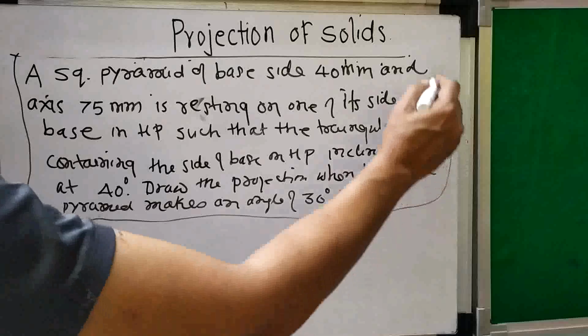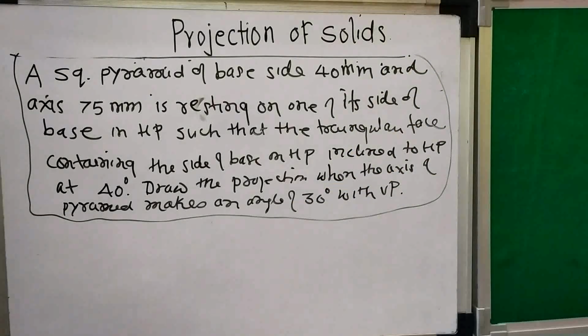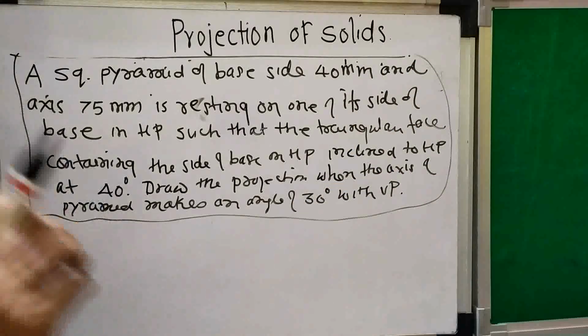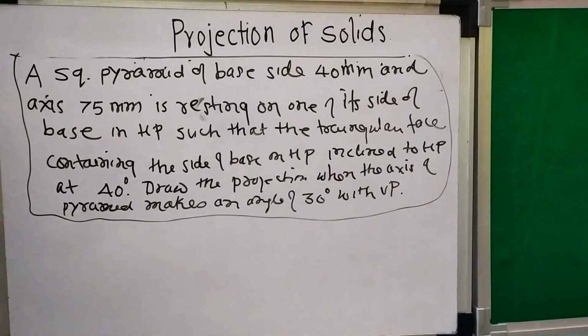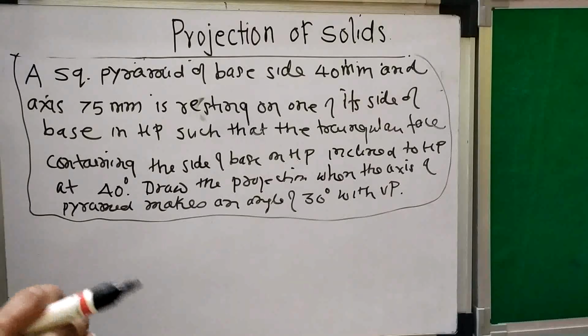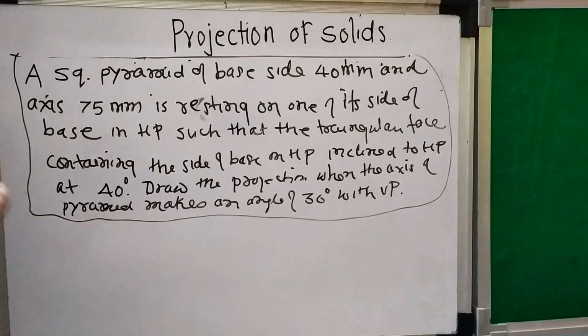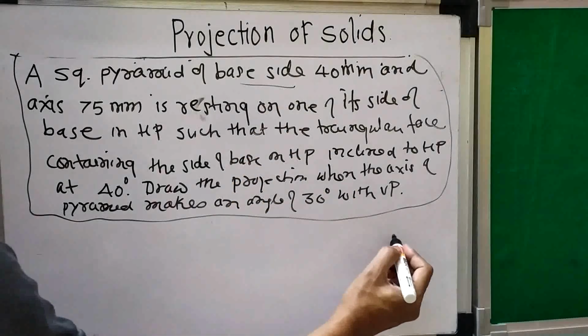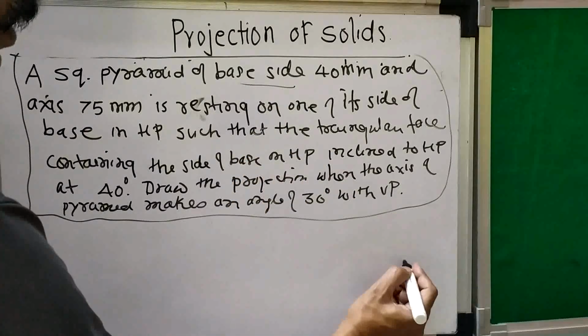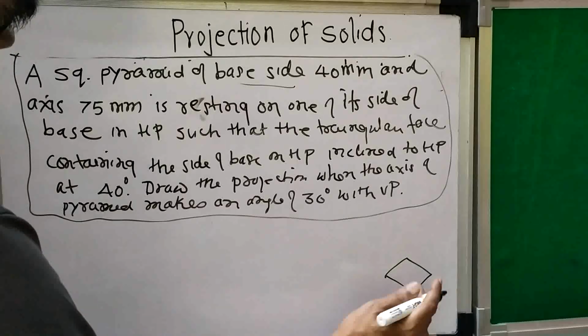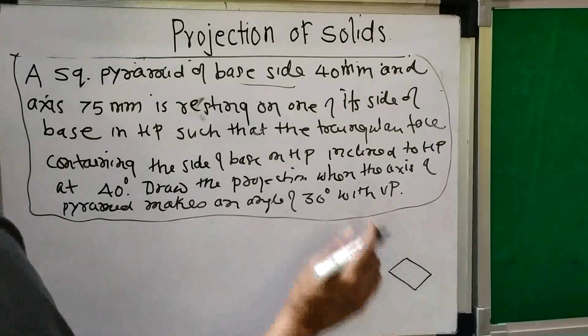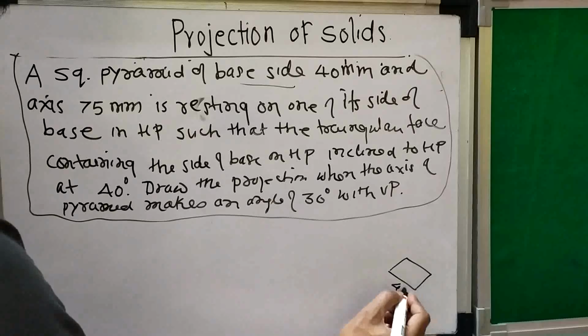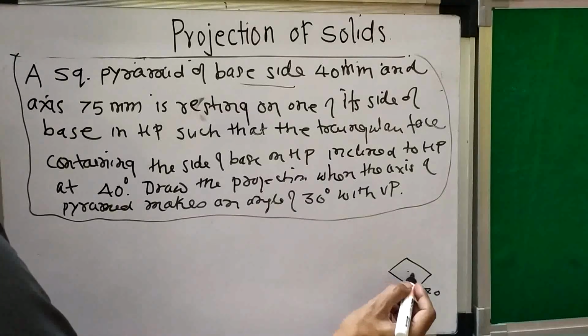To understand the language, I have already told you that in the problem the dimension of the solid figure is given, resting condition has to be given, and inclination has to be given. Resting condition is given in terms of parts of the solid figure, and inclination is also given in terms of parts of the solid figure. So here in this problem a square pyramid is given with this dimension. So this is the square pyramid and the square base is 40 by 40.